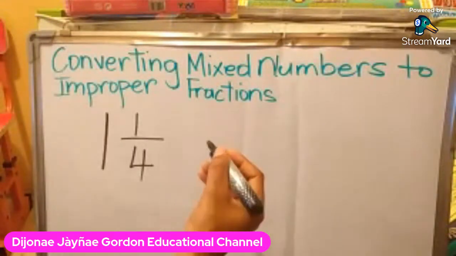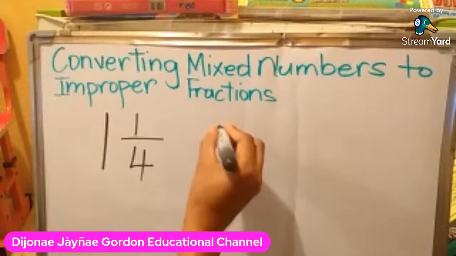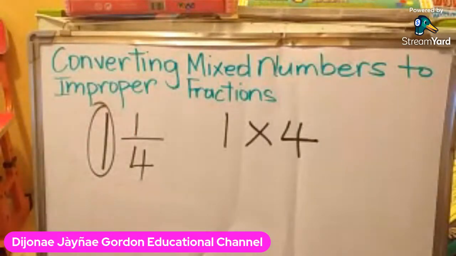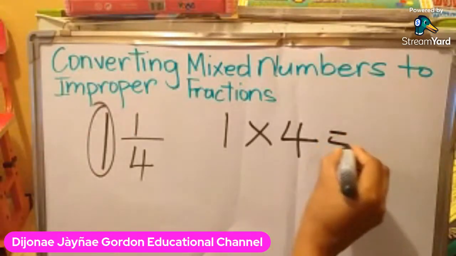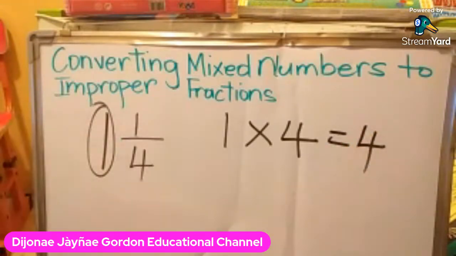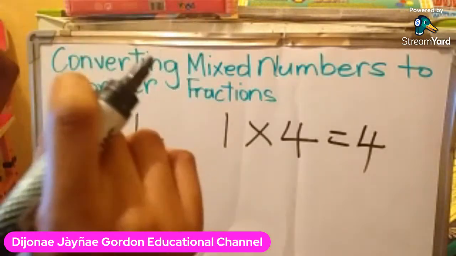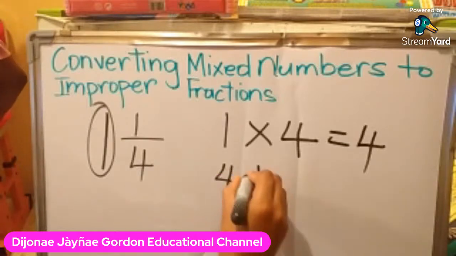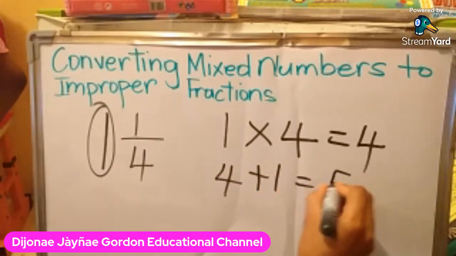What is the whole number? 1 multiplied by 4 is 4. Then the next step is that you are going to add that 4 to your numerator. So 4 plus 1 is 5.